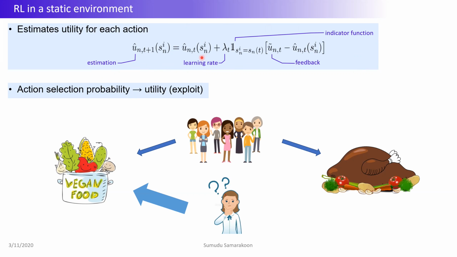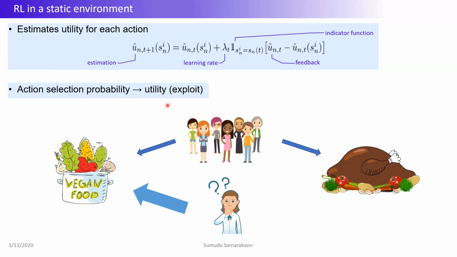This is done by taking a certain action and receiving feedback. Based on this feedback, the agent weights the previous estimation and current feedback using a certain learning rate, and this weighted sum is used as the new estimation.